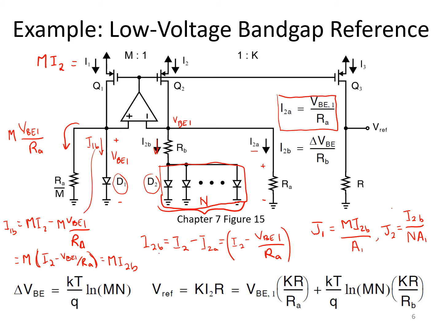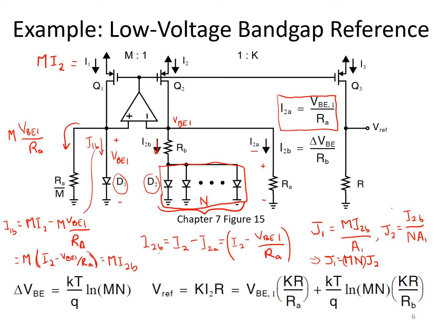So putting these two expressions together tells us that J1 is M times N J2. So the diode D1 is biased at a current density MN times higher than the current density of D2, where M and N are both ratios determined by the ratios of device sizes, specifically the ratio of Q1 and Q2 sizes and the ratio of D1 and D2 sizes, respectively.